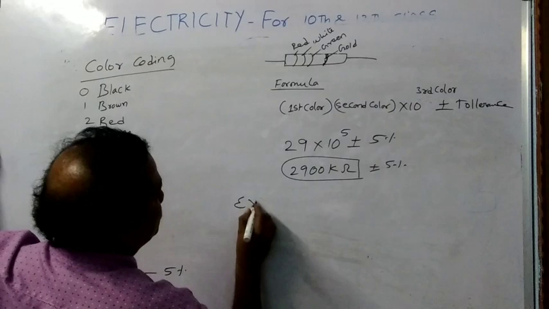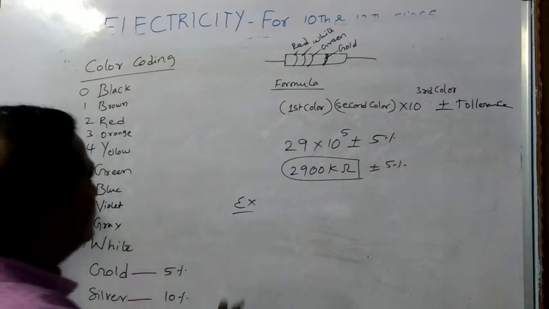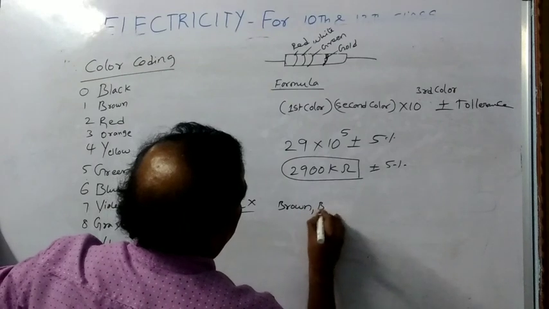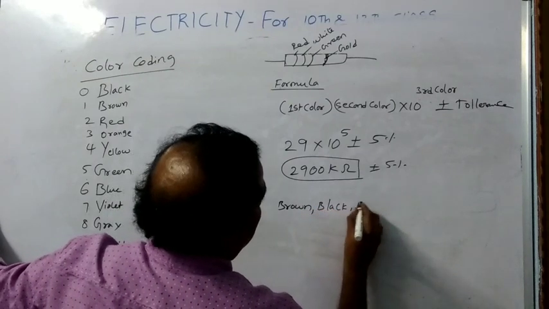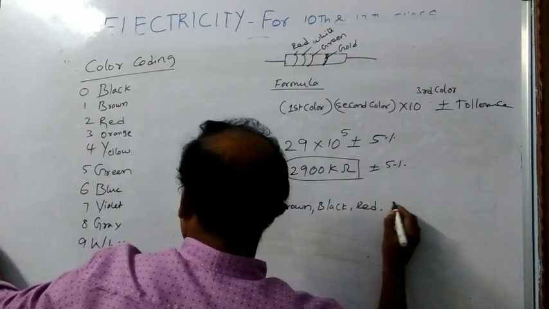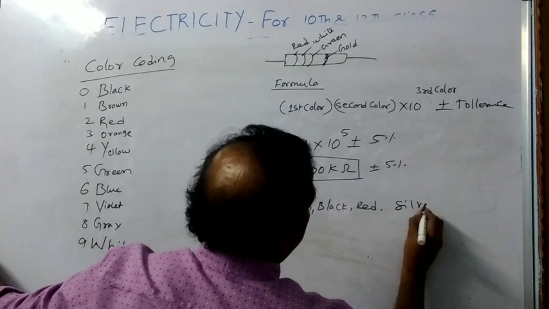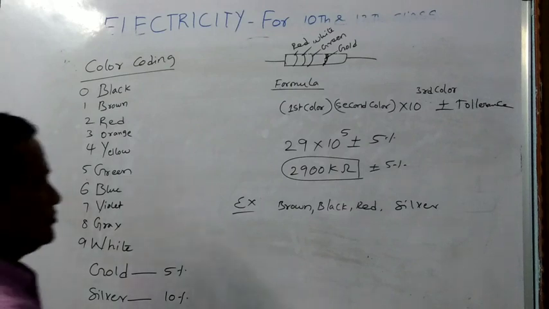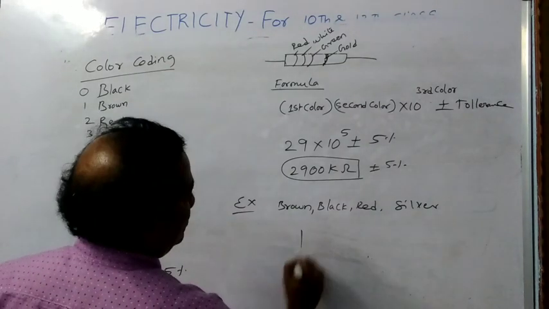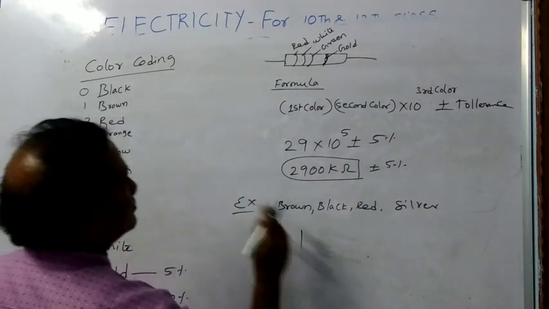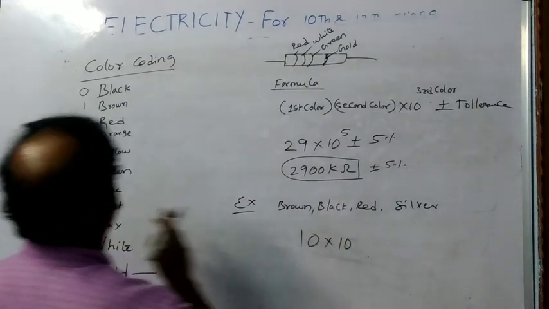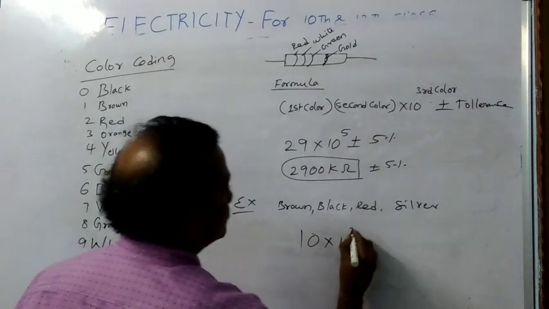Example 2: brown, black, red, silver. If 4 colors are given, what is the value? Brown means 1, black means 0, into 10 power red, which means 2.